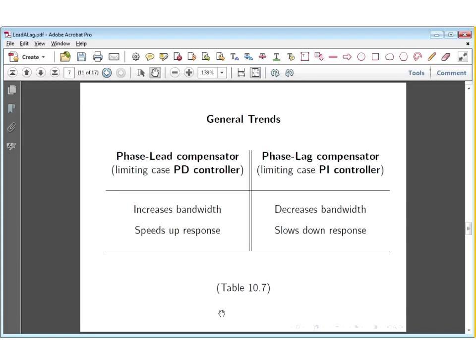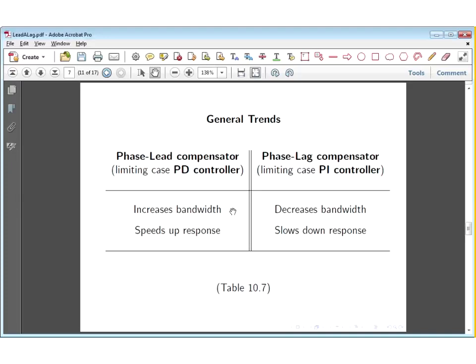There are however two properties that are really quite different between the two compensators. And that is that the phase lead compensator increases the bandwidth of the closed loop system, whereas the phase lag compensator decreases the bandwidth.